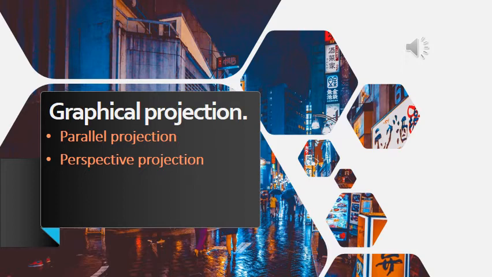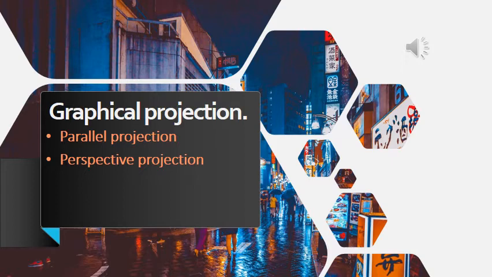In parallel projection, as the name suggests, it is about parallel lines. In the parallel projection we are going to discuss today, the lines are not at just any angle. They have a specific angle, and all the lines used in parallel projection are parallel to each other.